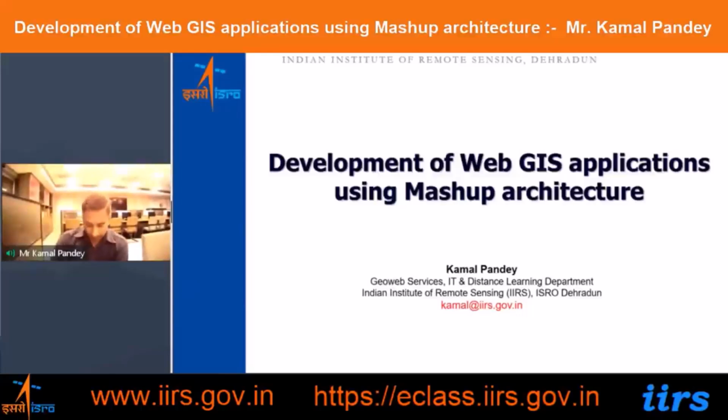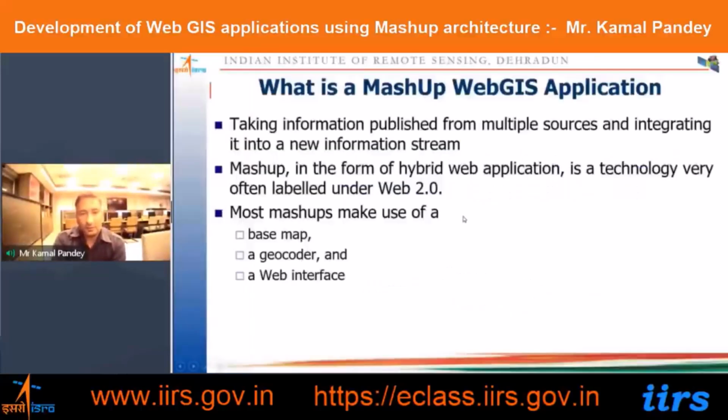So basically, what is a Mashup web GIS application? From the name itself, it is clear, it comes from different sources. Earlier, people used to create a Mashup song, where they took tunes from different sources and created a mashup of that song or any music.